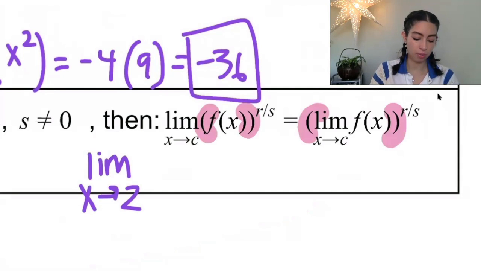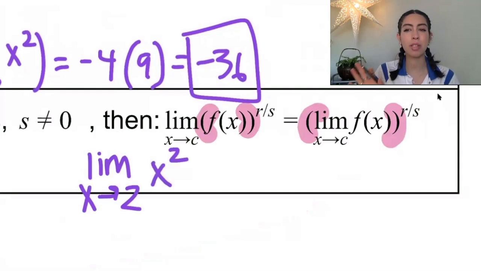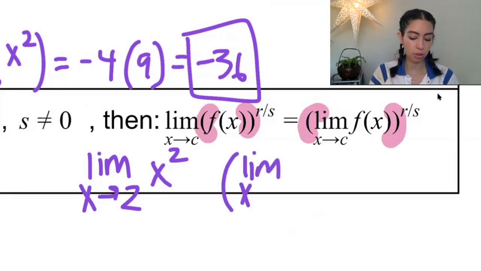Let's say, for example, we have x squared, just to keep things really, really simple. So in this case, f of x would have to be x, and then x is being squared. And so what we could do, an option would be taking the limit as x approaches 2 of just x, and then squaring the whole solution.